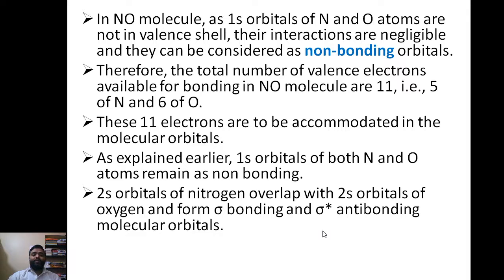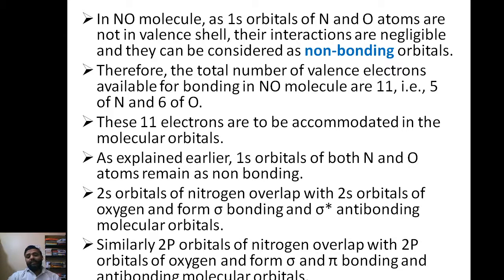Four atomic orbitals overlapping with four atomic orbitals form eight molecular orbitals, four bonding and four anti-bonding. Similarly, the 2s orbital overlaps with the 2s orbital to form one sigma bonding and another sigma star anti-bonding.